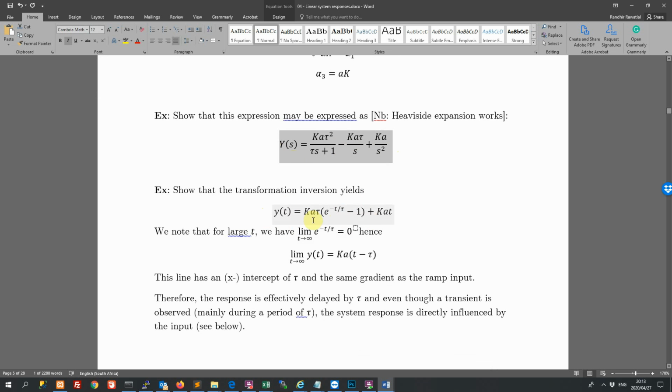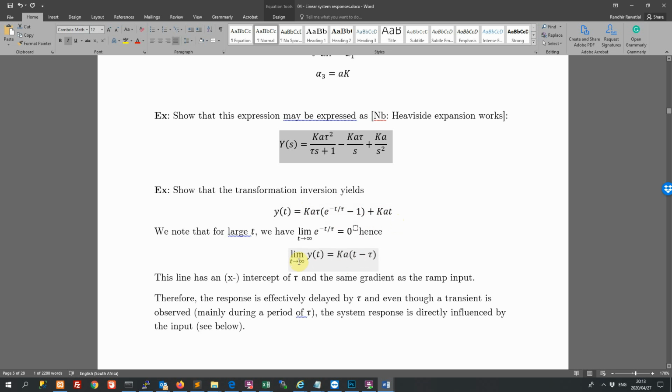And if you look at this, we can see that as time increases, this goes towards zero, right? As t goes off to infinity, this whole thing becomes a zero, leaving us with simply Kat minus 1 times Ka tau.